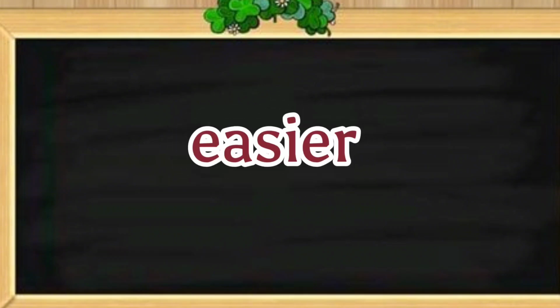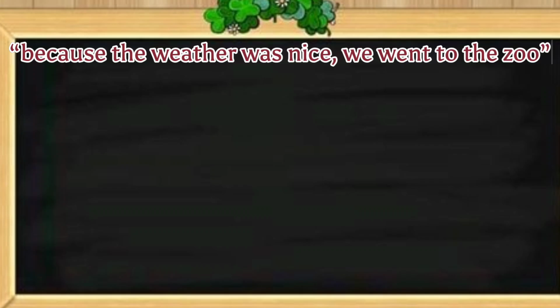Okay, now to make it easier, look at the following example of cause and effect sentences. Because the weather was nice, we went to the zoo. Does anyone know which is the cause and which is the effect? This sentence consists of two clauses. The first clause functions as a cause, and the next clause functions as an effect or consequence.